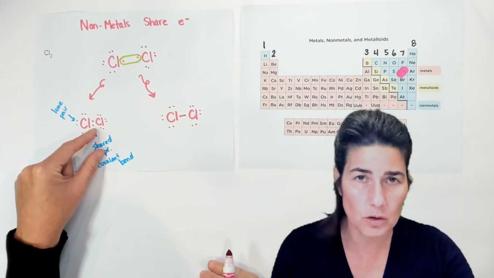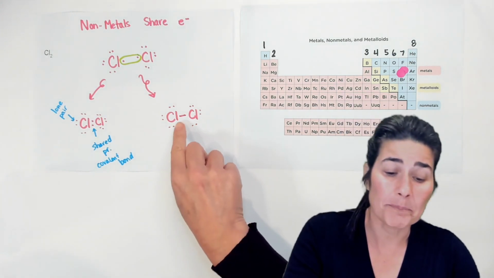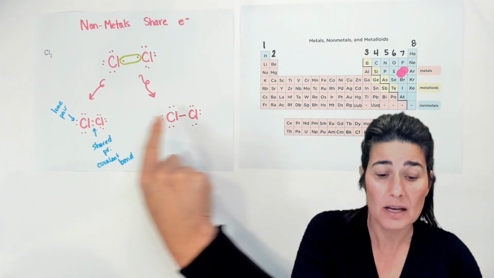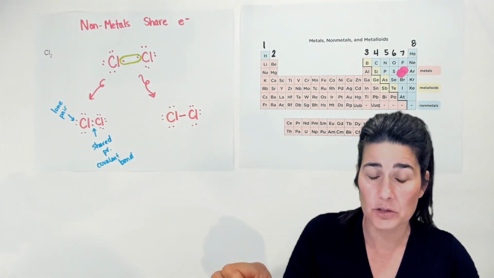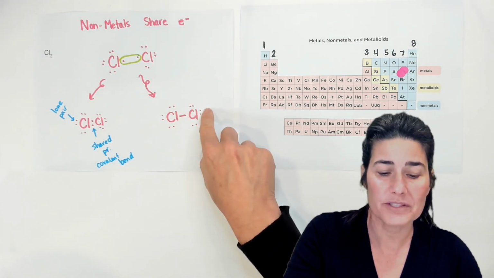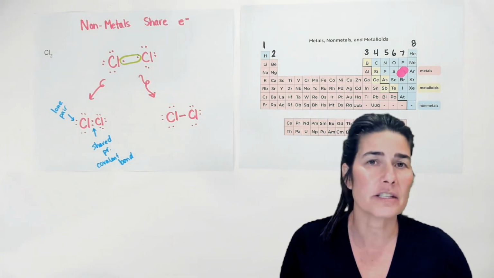You have to do the lone pairs to show that everything has 8. Remember, a line really represents 2 electrons. So this chlorine on the left has 2, 4, 6, 8 electrons around it. The chlorine on the right has 2, 4, 6, 8 electrons around it. So each of those chlorines has its octet.